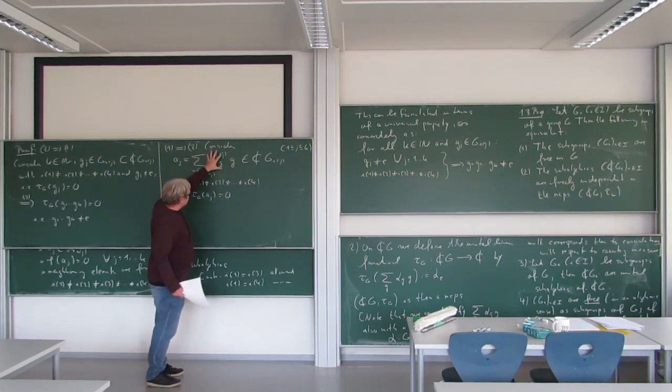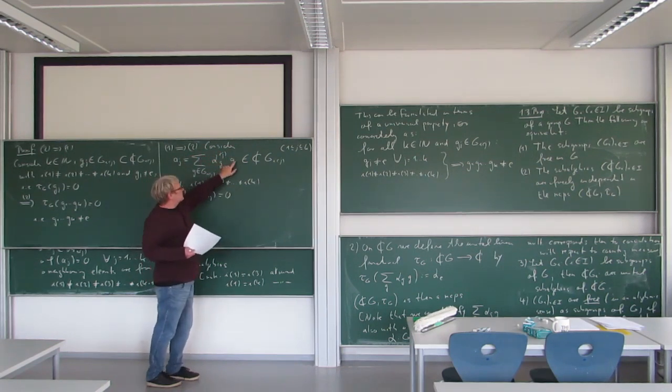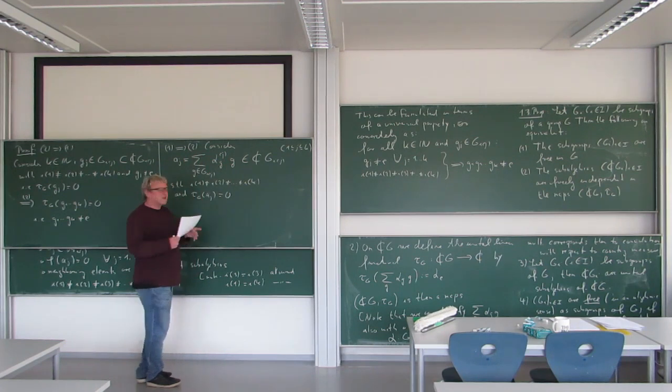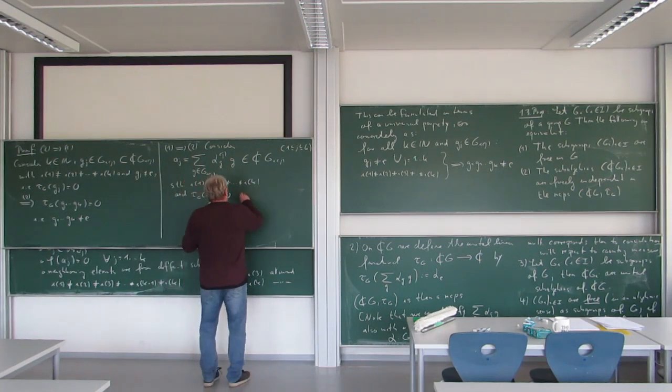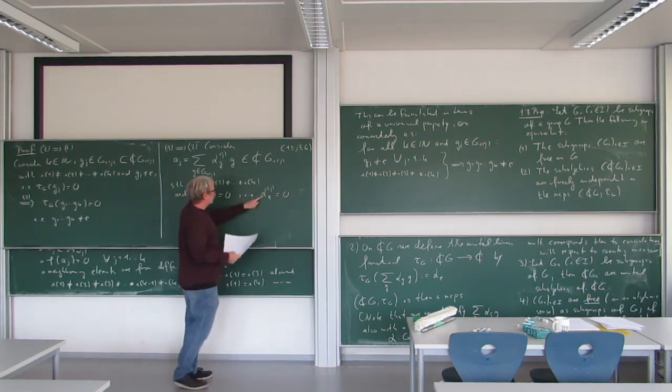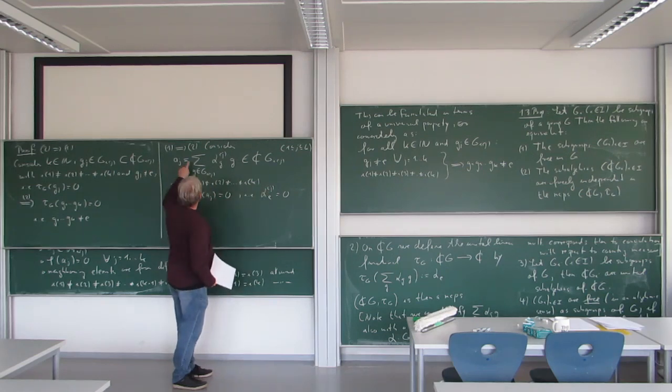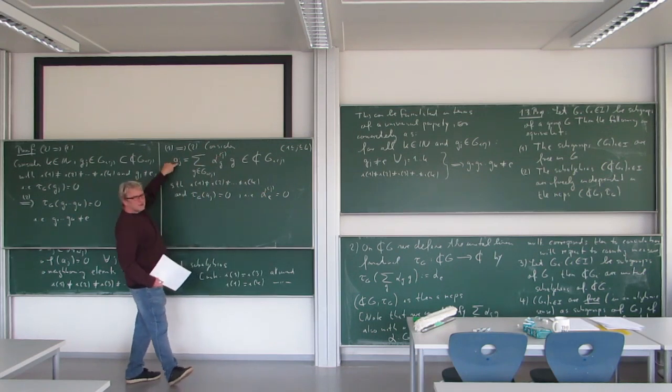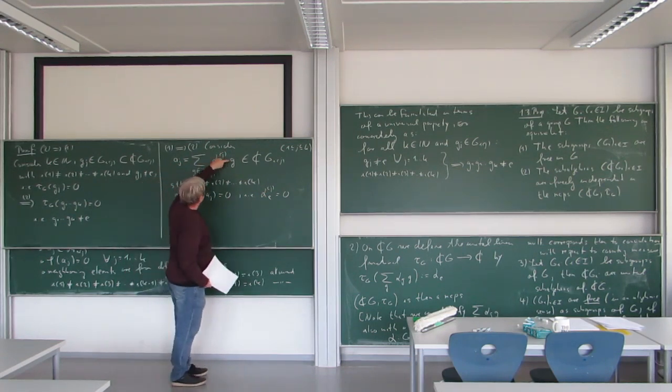So this means in this sum here, the coefficient of the neutral element has to vanish. So it can be more or less an arbitrary combination of elements from my group, but the neutral element should not appear. So this here means, as before, alpha_e^(j) is equal to 0. So the coefficient of the neutral element in this sum for the j-th element, where j is the index telling me which element I have, and g is the sub-index which tells me the coefficient of each group element. So this should be 0.